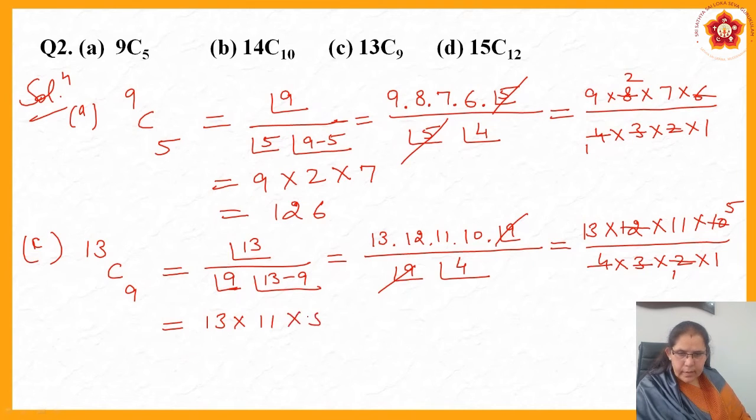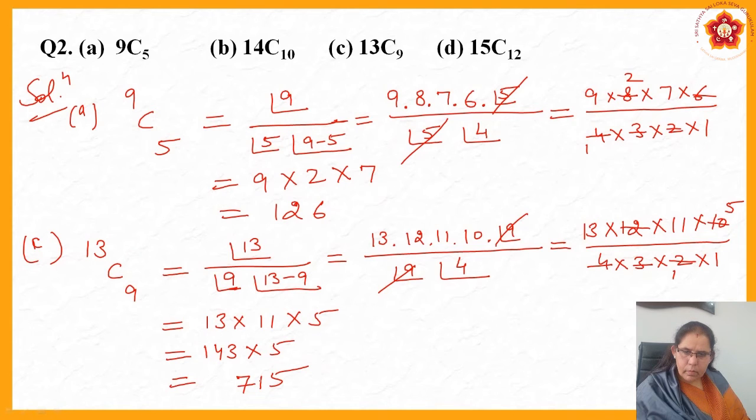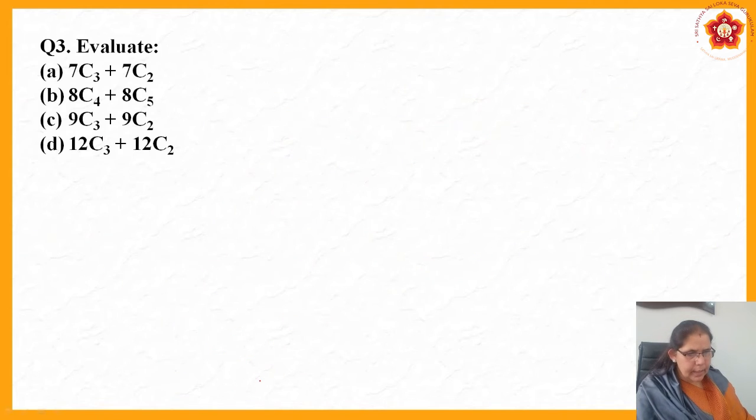Just see what we will get: 13 into 11 into 5. And what is 13 into 11? Multiplied by 5, it is 715. Same way you can solve question number 2, part B and part D.